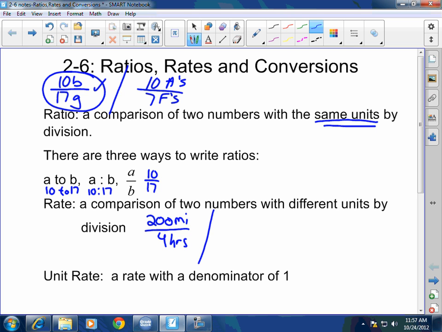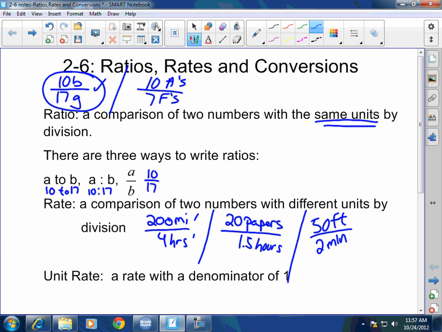Mr. Morrow graded 20 papers in 1.5 hours. The speed of a lizard that I saw crawling, he went 50 feet in 2 minutes. Do you guys notice how there's different units for each one? Different units, we're talking about a rate. Same units, we're talking about a ratio.